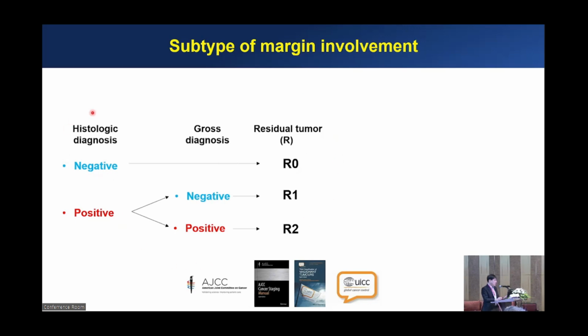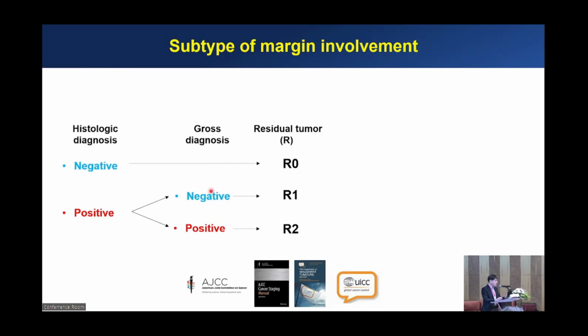Finally, you perform the histological diagnosis at the surgical margin and judge negative or positive. But in surgery, we perform a gross diagnosis of negative or positive.